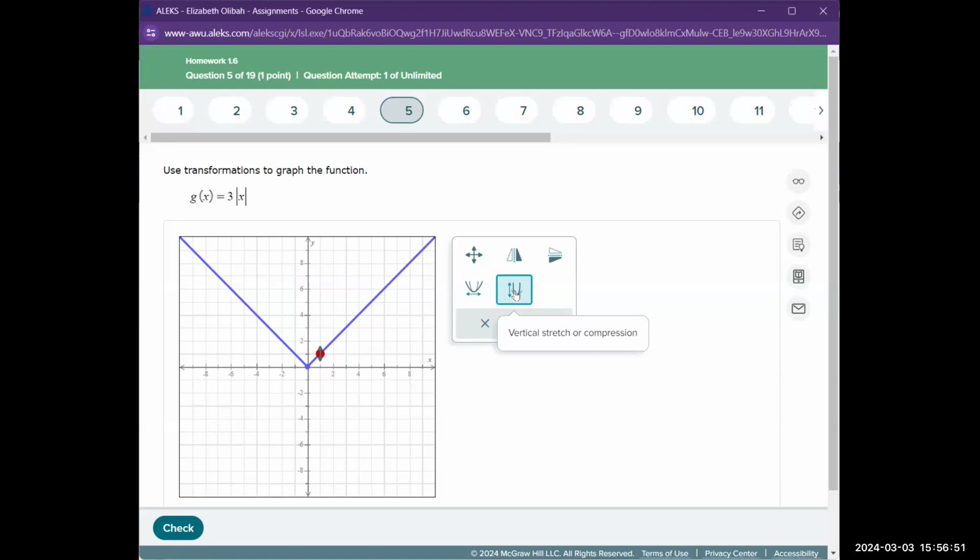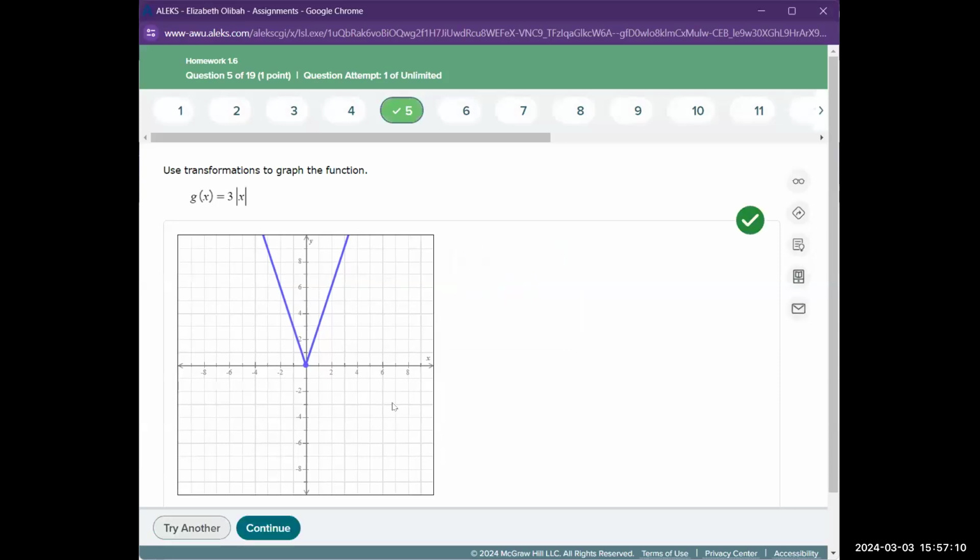So this point, which was 1, 1, becomes 1, 3. So I already know from my chart where I want that point to be. So if I can at least change that one point, it shifts the whole graph correctly for me. So it's not too bad.